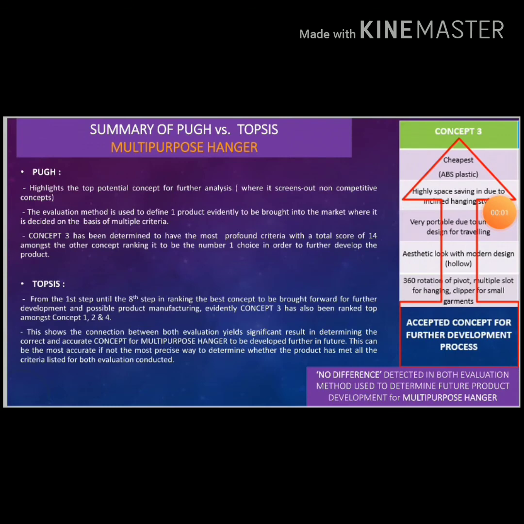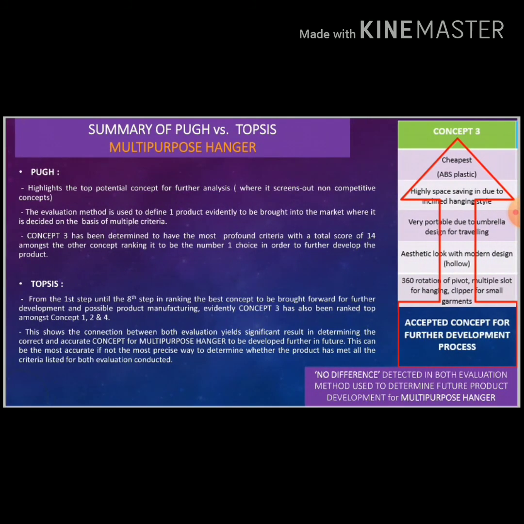Okay, last but not least, of course, Pugh metric and Topsis both agree with each other that concept number 3 will be the top rank, followed by concept number 4 and then concept number 1, and both agree that concept number 2 will be the last rank.